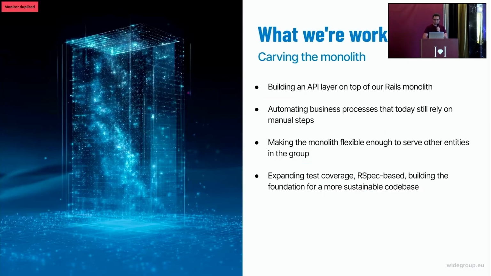What we are working on in these months, in these years, really, is building an API layer. We have to extend our little API layer on top of our monolith. We try to continue to automate our processes. There are a lot of processes in our company, and also we try to expand our test coverage.